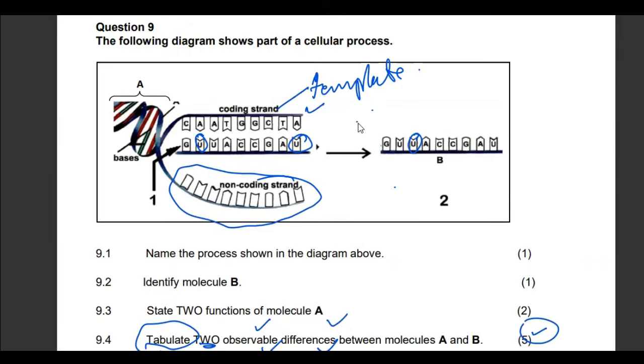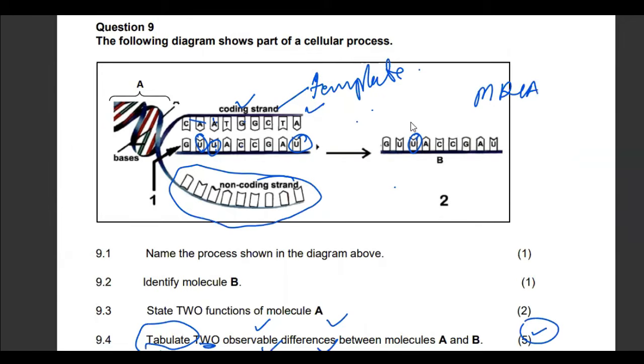It's being shown there that this one is acting as a template, using free floating messenger RNA nucleotides to form a complementary strand where adenine goes with uracil, and guanine goes with cytosine.